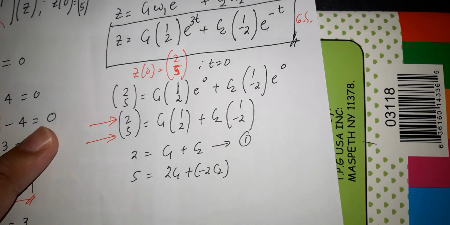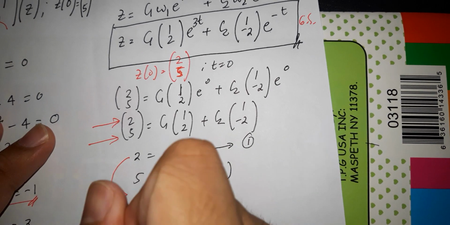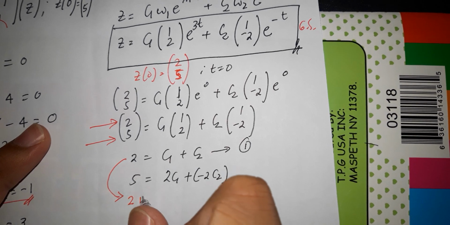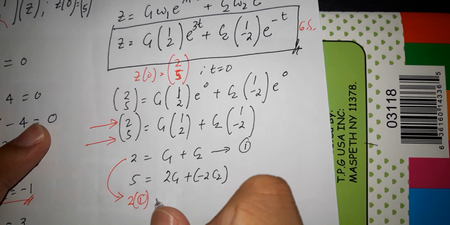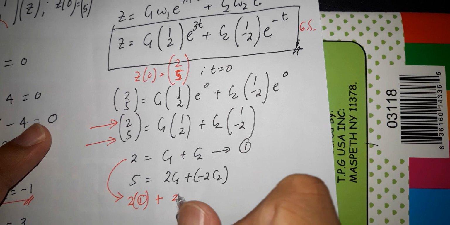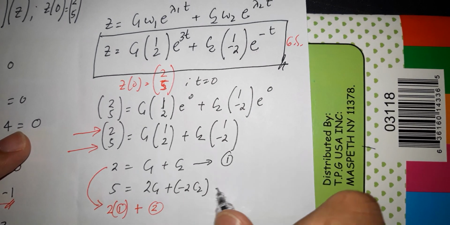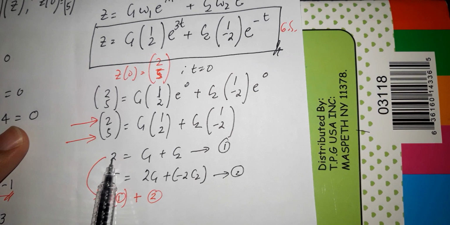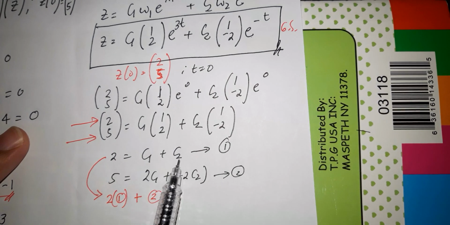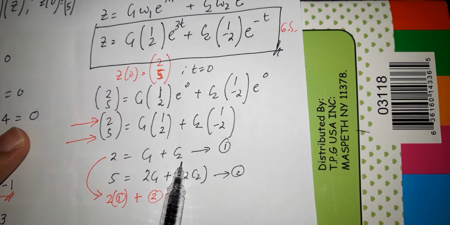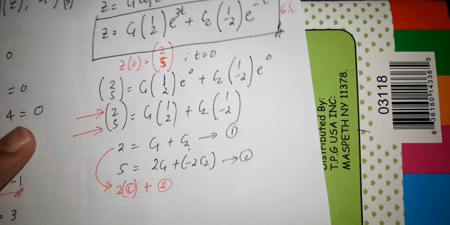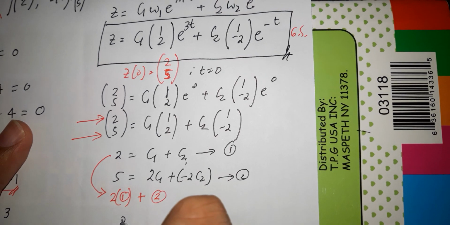So, we multiply this by 2, multiply 2 by equation 1, then add it to equation 2. So, again, our formula is to multiply this by 2, it becomes 4, 2C1, 2C2, so that when we add, it cancels here. So, let's try. 2 times 2 is 4.